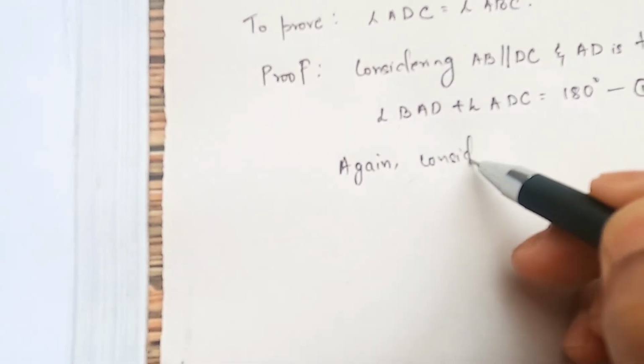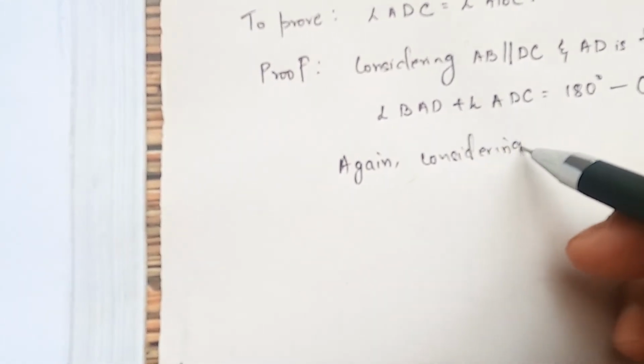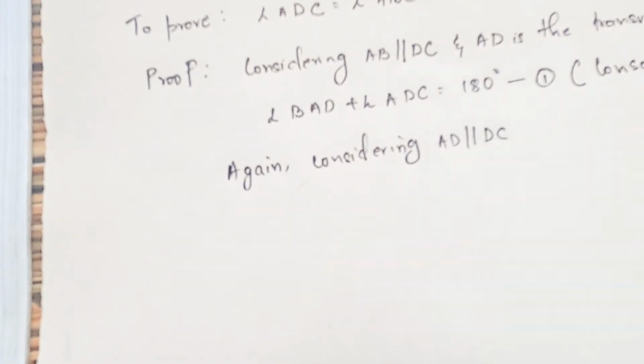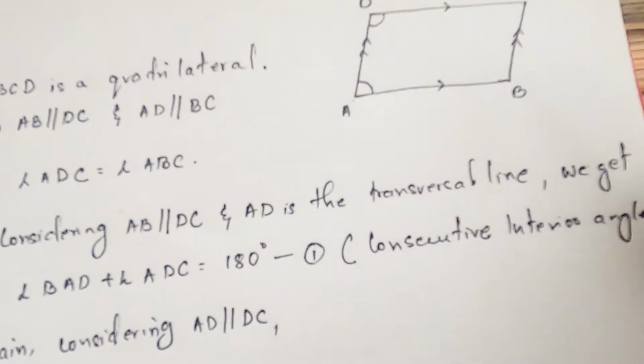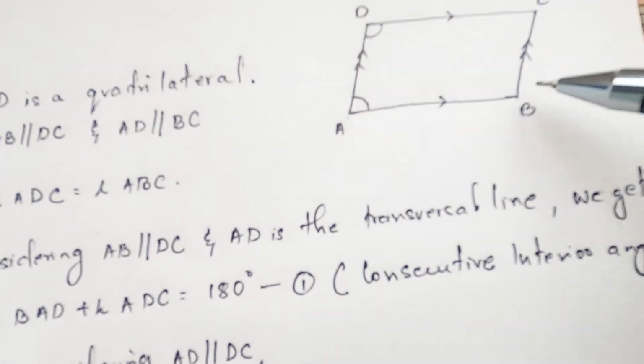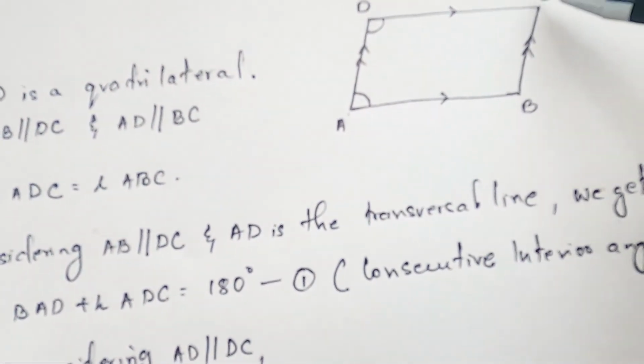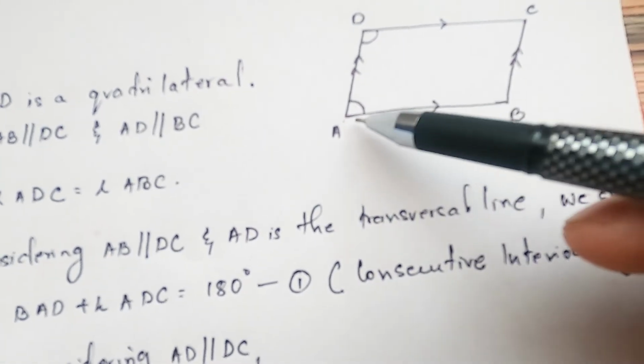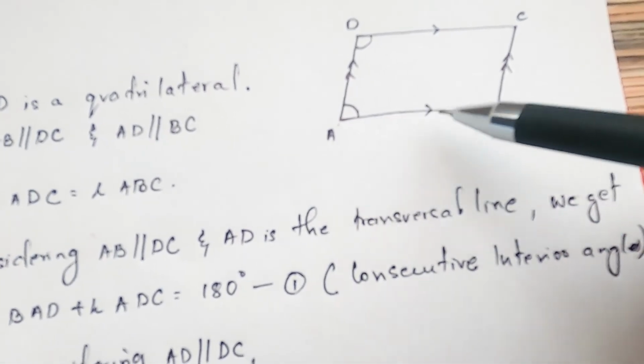All right, again considering AD is parallel to BC. So therefore AB will be the transversal line.